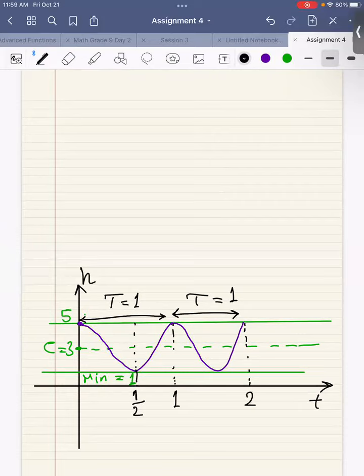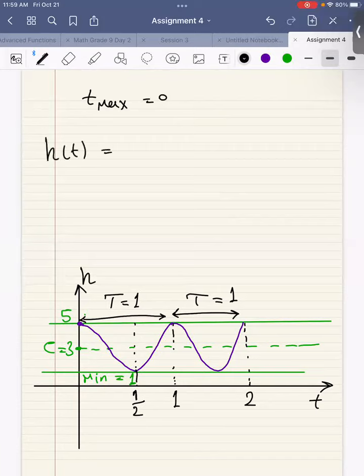Okay, now we have everything we wanted. So the period is 1. We know the point of maximum is t equal to 0. So t maximum is 0.